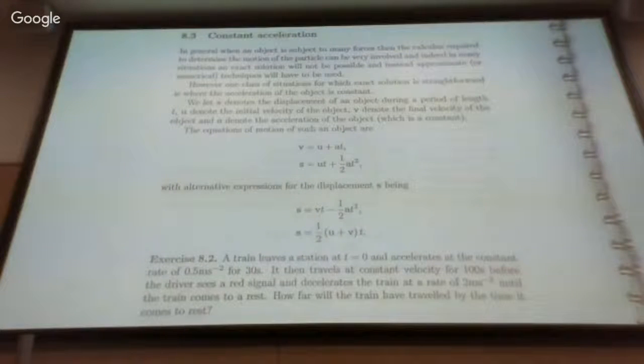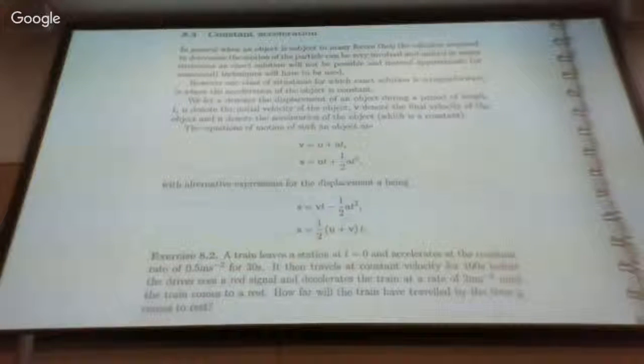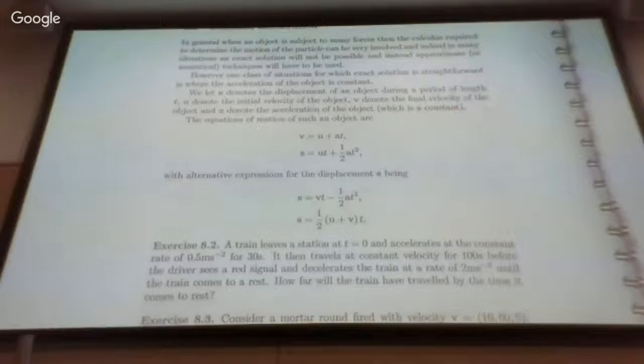Very often, approximate or numerical techniques will have to be used. Although we're only going to look at some fairly simple situations here, which do have exact solutions, can be solved exactly using calculus. We'll show, nevertheless, how some basic ideas of numerical simulation might operate.